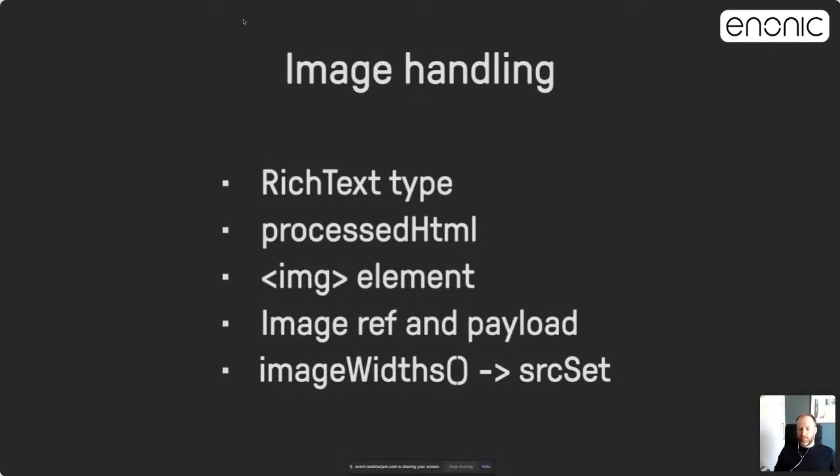If you don't want to go all the way with replacing, you can simply pass in some parameters to the processing. So say you want sizes 200, 300, and 500 to be generated. You simply pass those values in, and you'll get a source set attribute for your image, which basically means that the browsers will be able to download the optimal size of that image.